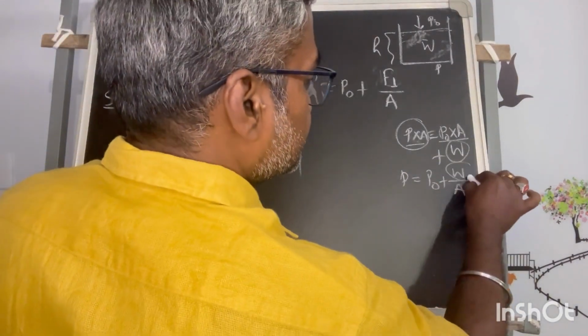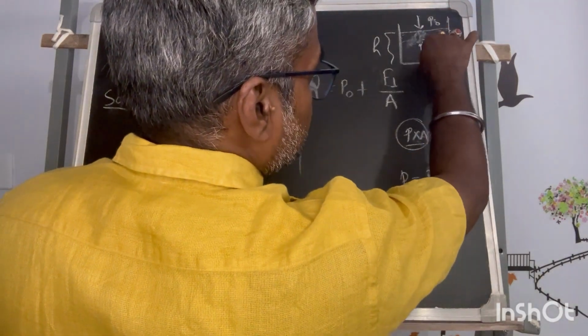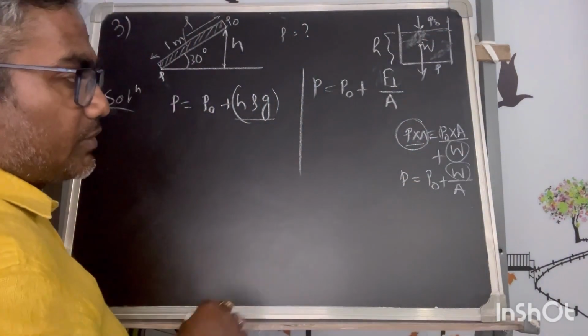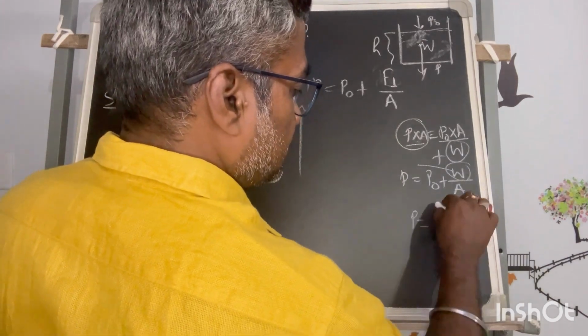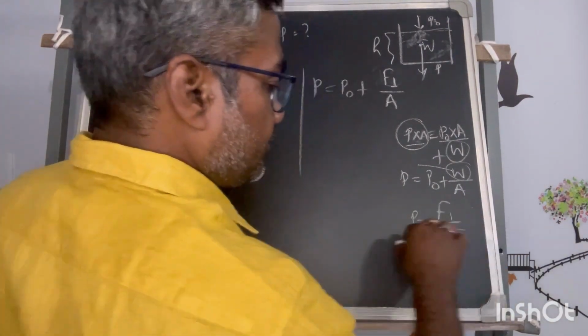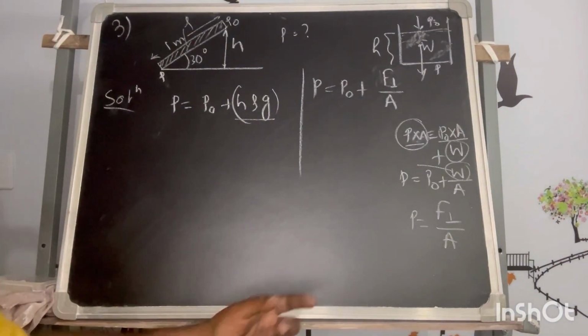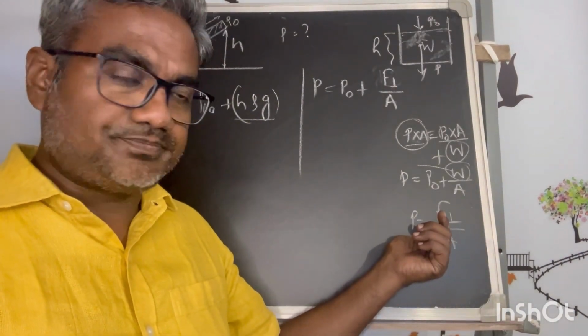Now this is the weight of the fluid inside, which will always act vertically down. When we defined pressure, it is the vertical force divided by the area on which the force is acting. From there I will get the pressure.